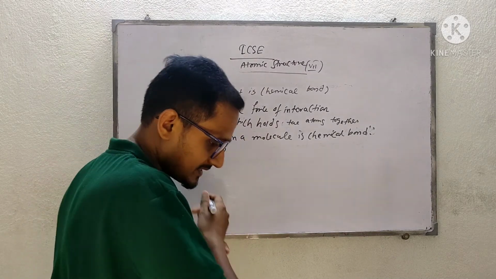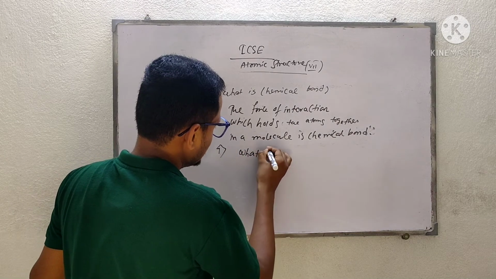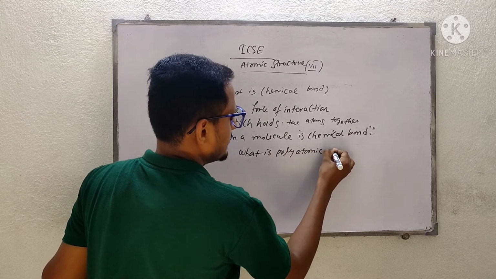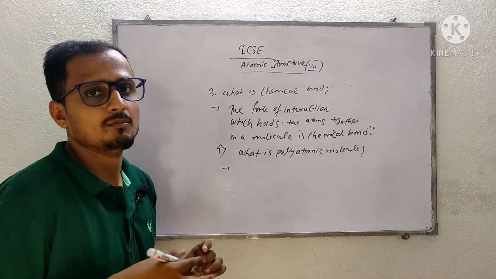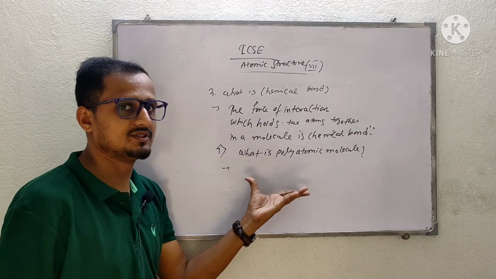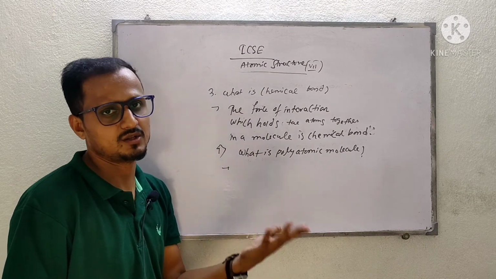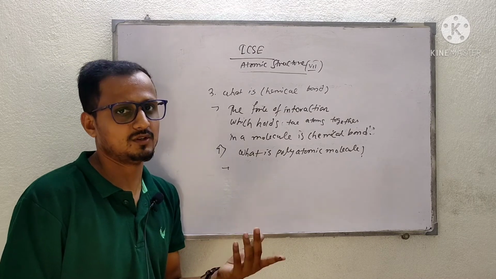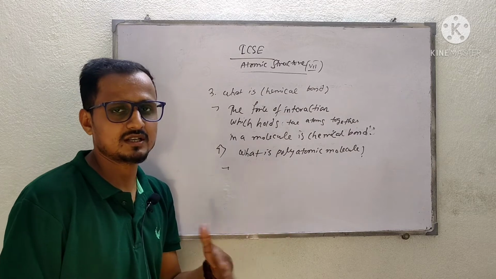Now next, what is polyatomic molecule? Now if a molecule contains more than 2 atoms, that means if the atomicity is more than 2, that will be a polyatomic molecule. Like diatomic molecule is not, but triatomic molecule, tetraatomic molecule is a polyatomic molecule.